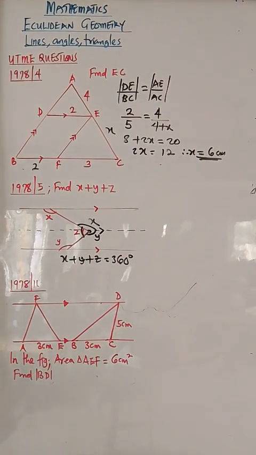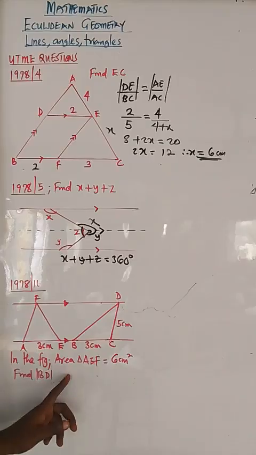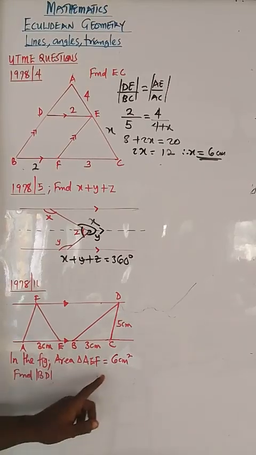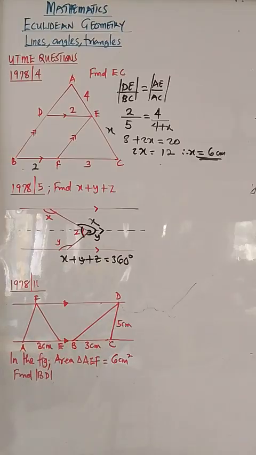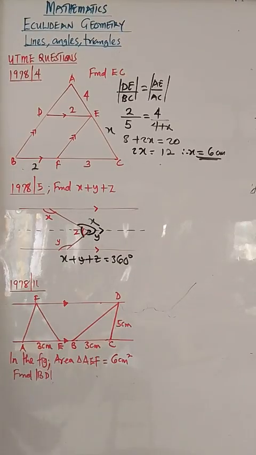For the next question, in the figure, the area of triangle AEF equals 6 centimeters squared. Find BD. We are looking for BD. BD, let's call it X. Now, this is a triangle.